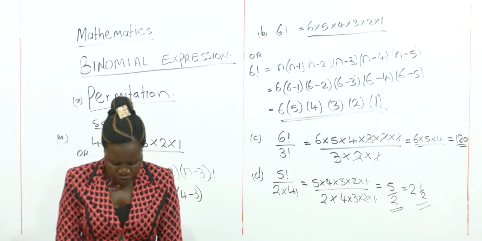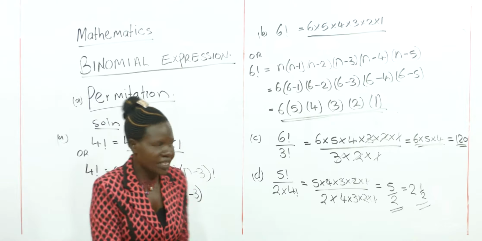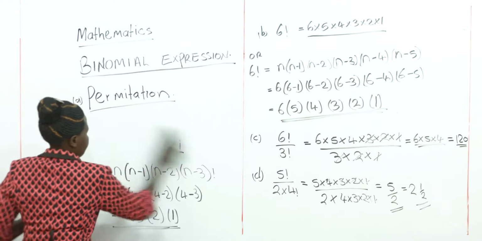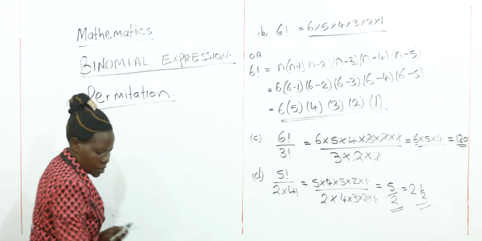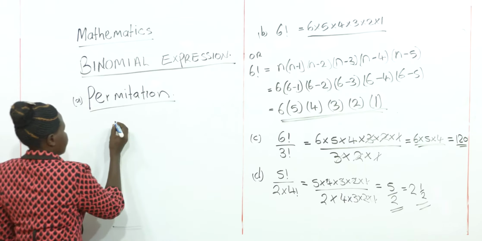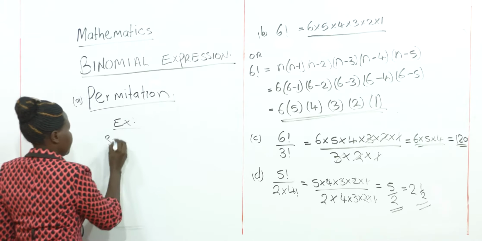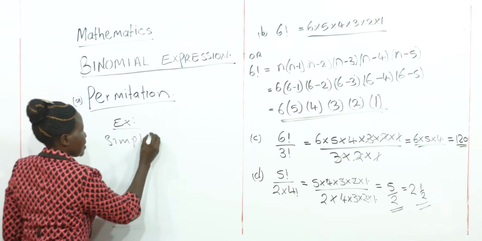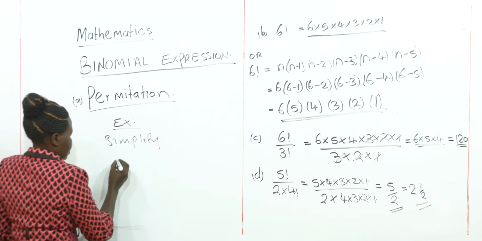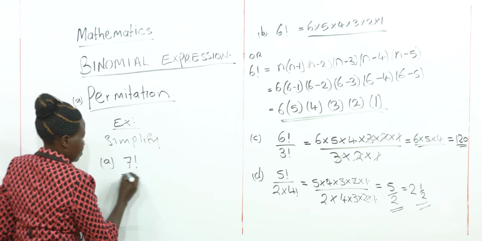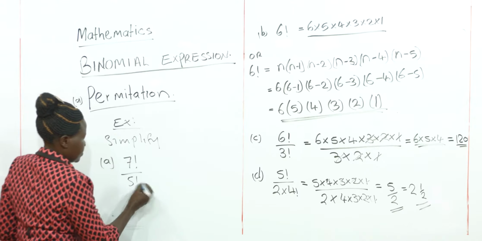And I just have 2 questions for you to take as your exercise. Only 2. I want you to try this. Simplify: A, 7 factorial over 5 factorial.